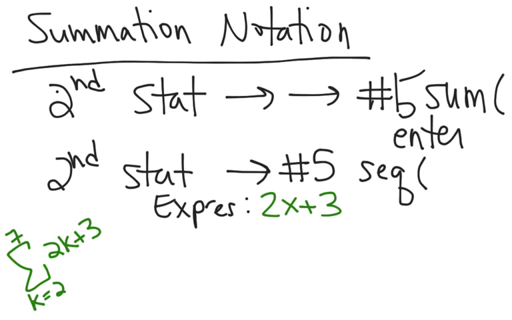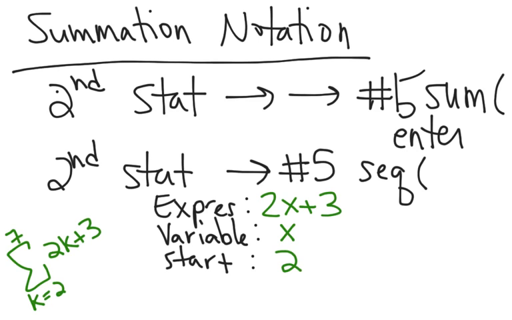Then the next thing, I believe it said variable. I'm trying to remember what my calculator looked like earlier. And then you would type in x. And then the next one wants to know what your starting value is. So you would say that the starting value is 2. And then it says what's your ending value. So you would say your ending value is 7.